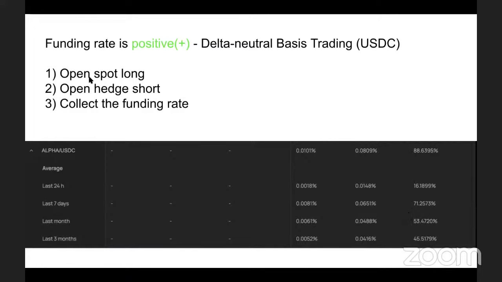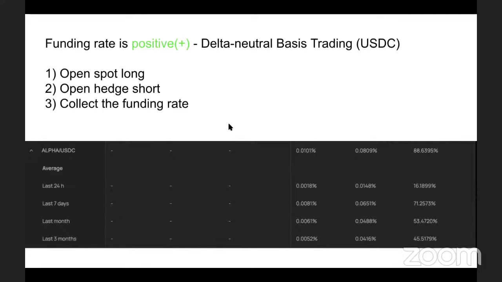You would open a spot long on alpha, then open a hedge short for the same position size to make sure your hedge short fully covers your spot long, which means that you are delta neutral, right? If the price moves 10% higher or 10% lower in USDC terms, it doesn't matter for you. You have the same amount of position.